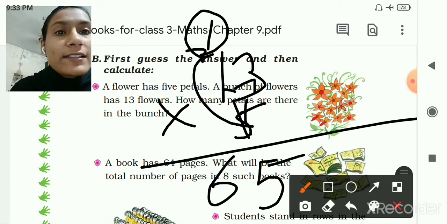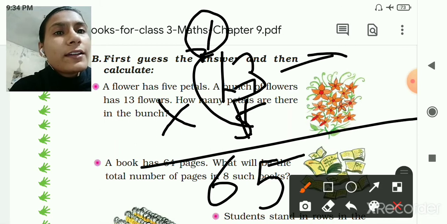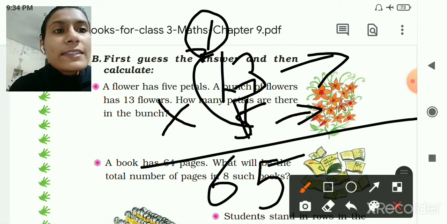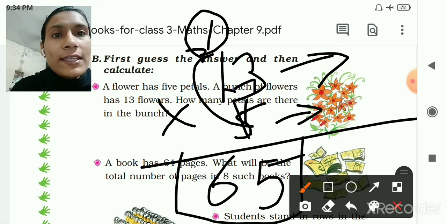So 65 petals are there in the bunch. A bunch has 13 flowers, and a flower has 5 petals. So 65 petals are there in the bunch. This is the answer.